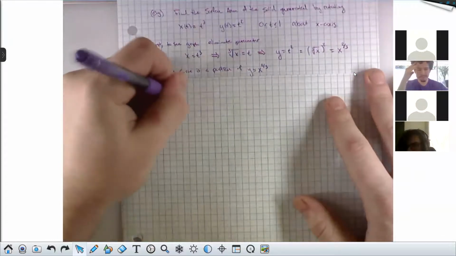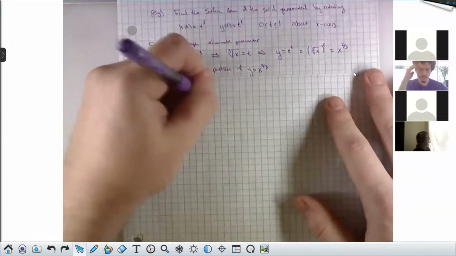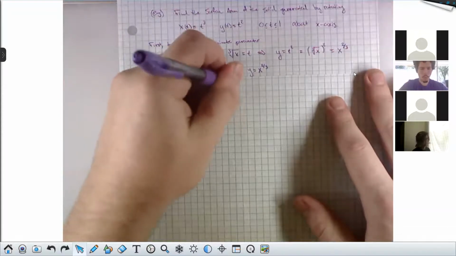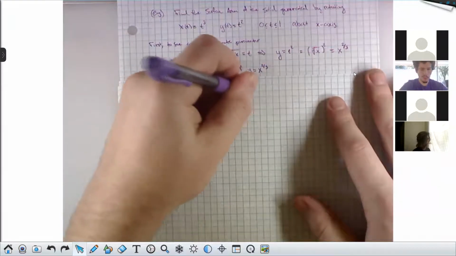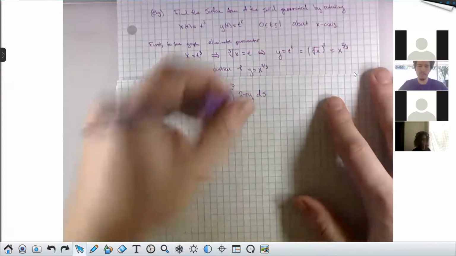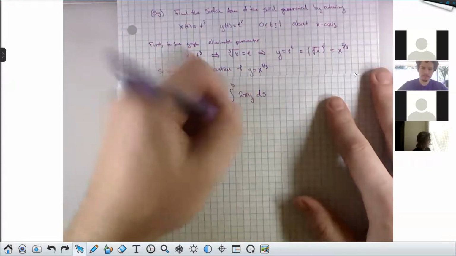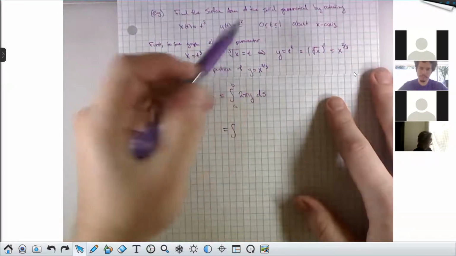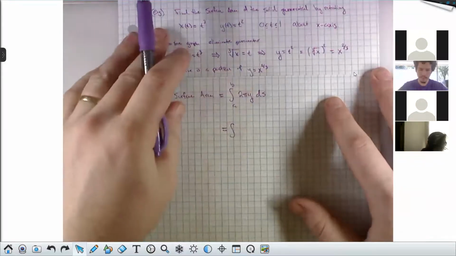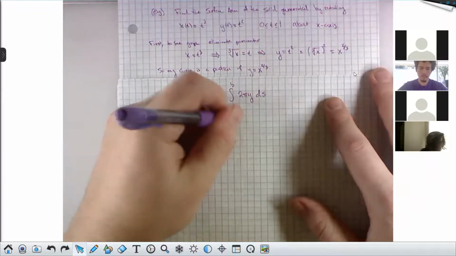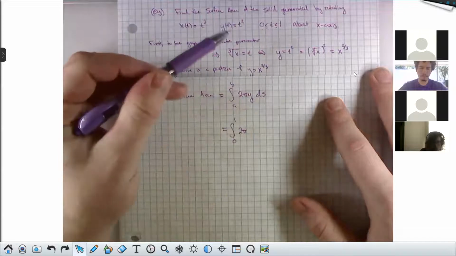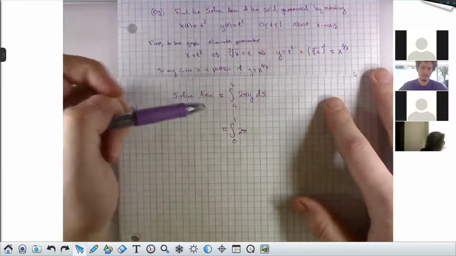So our surface area is the integral from a to b of 2 pi y ds. Let's start with a and b. A and b are the endpoints of the time interval, 0 and 1. 2 pi is 2 pi. y here is t squared.